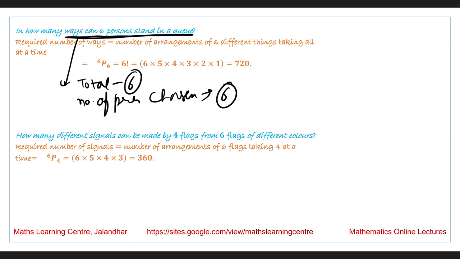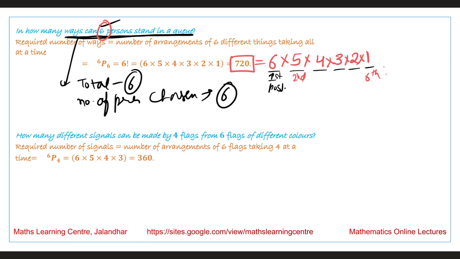For the first position in the queue, how many persons can we choose out of 6? We have 6 persons. Next, for the second position, one person is already chosen, so we are left with 5 persons. Then 4, 3, 2 and 1 person on the sixth position. So the answer we obtained is 6 into 5 into 4 into 3 into 2 into 1, that is equal to 720.